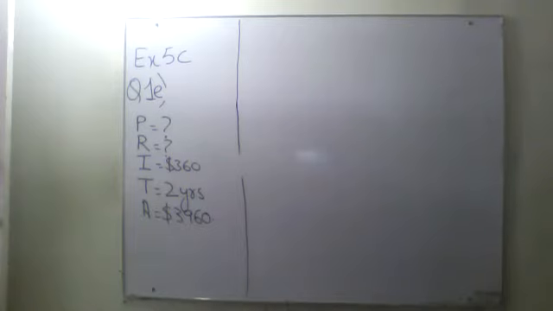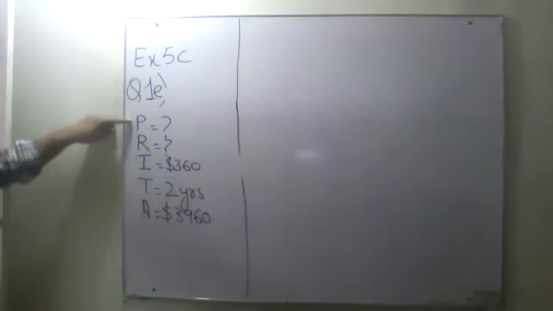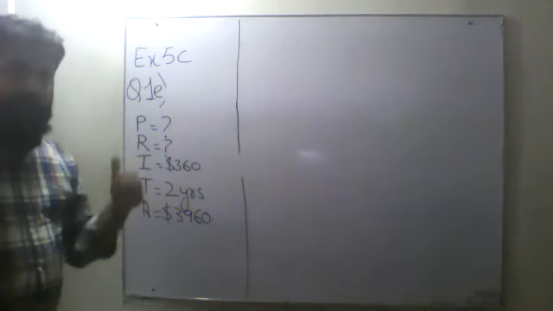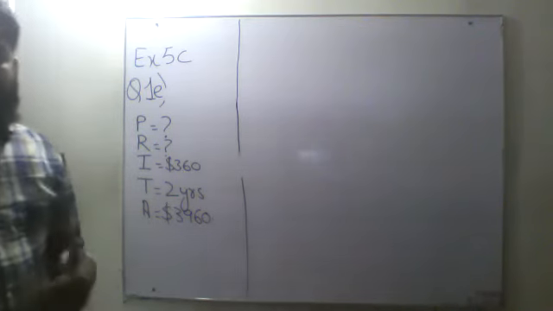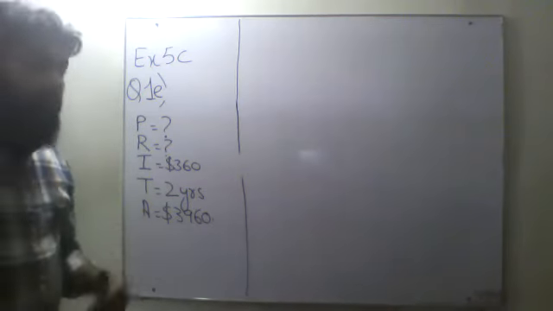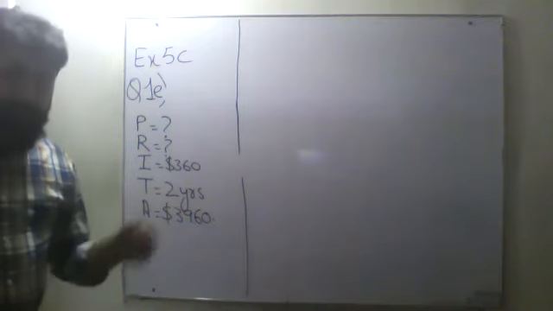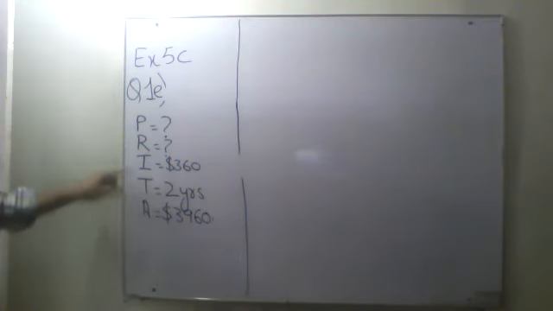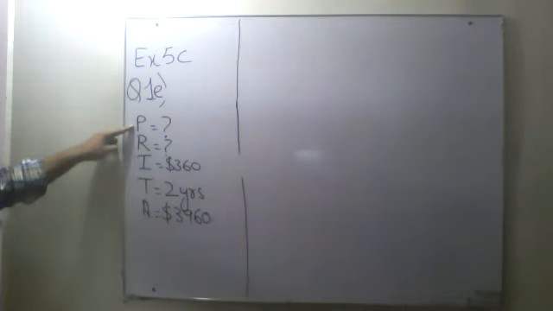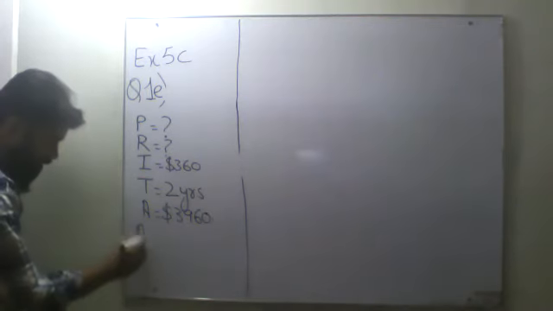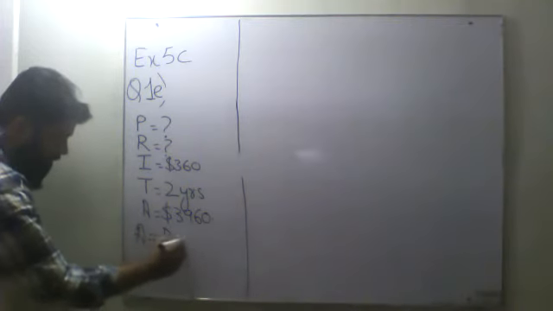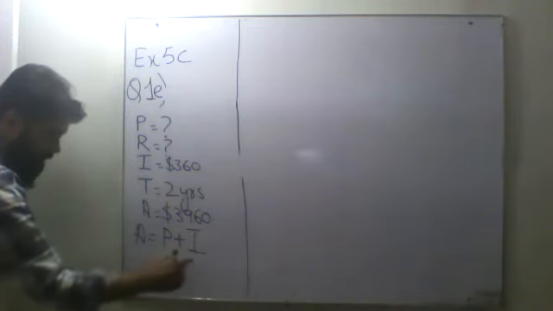Okay, how will I do it? First of all, I am going for principal. Principal can have two formulas. One is it is part of I equals to PRT. Secondly, it is part of A equals to P plus I. A is given, I is given, I can find P. So A equals to P plus I, that's the formula.